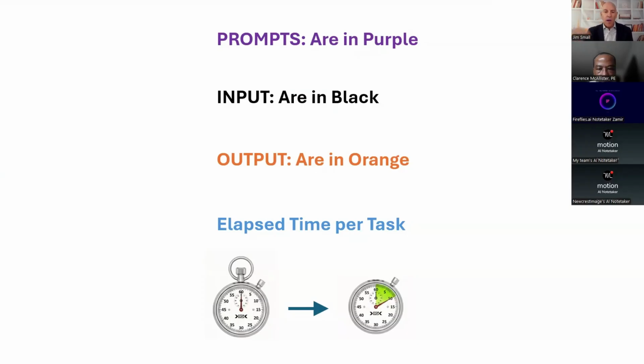I also added a stopwatch icon on some of the slides, because I get asked a lot how long these individual tasks take from AI tools. A lot of them are so fast it's probably seconds, but I put the stopwatch on the slides just so we all have that. So that's the coding for today's session.